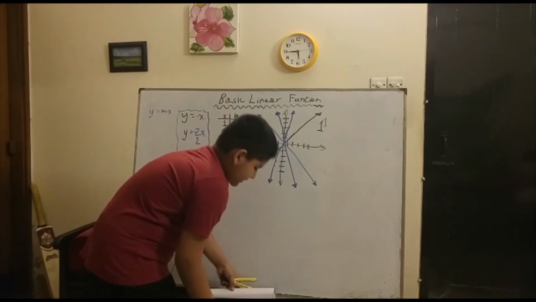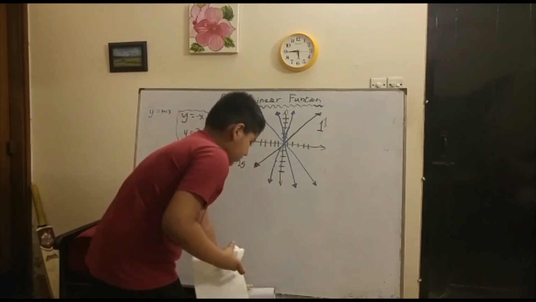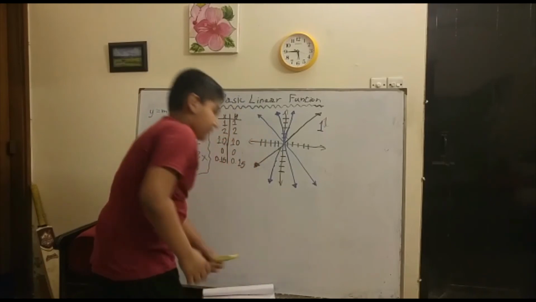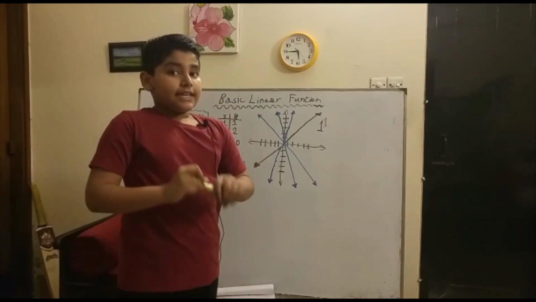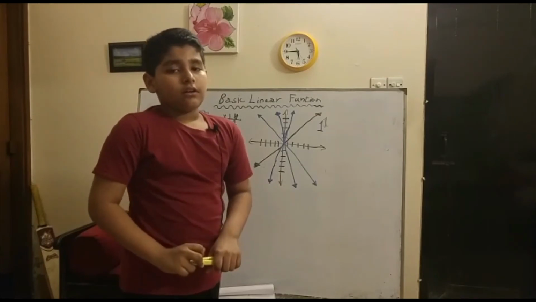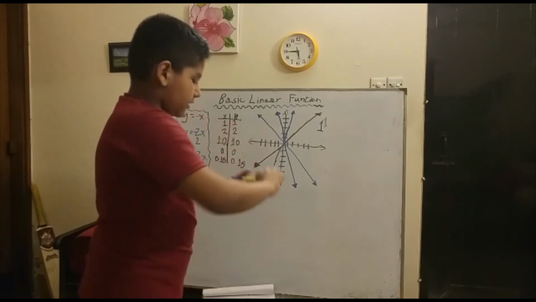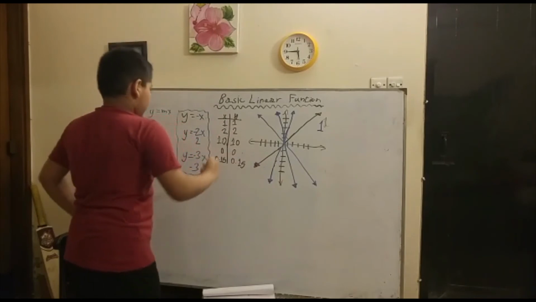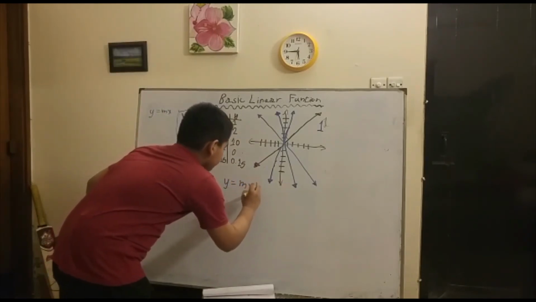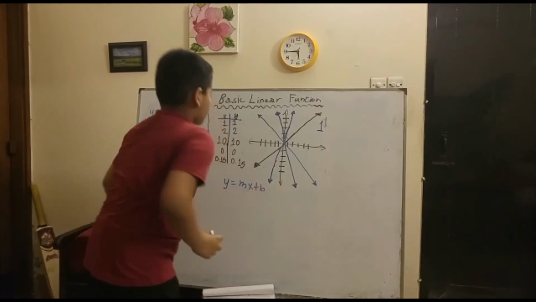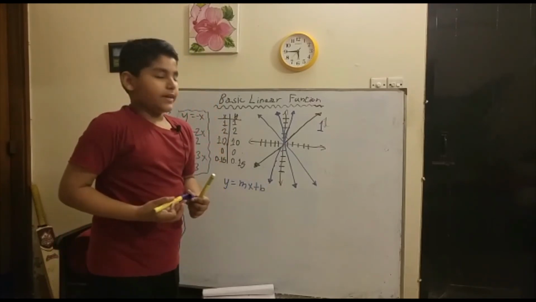Now there's another type of equation when we talk about graphing, and this is the most important equation in linear functions in algebra: y equals mx plus b, also known as the slope-intercept equation.